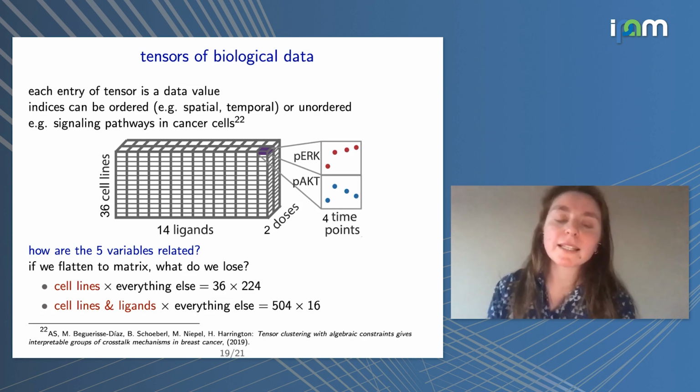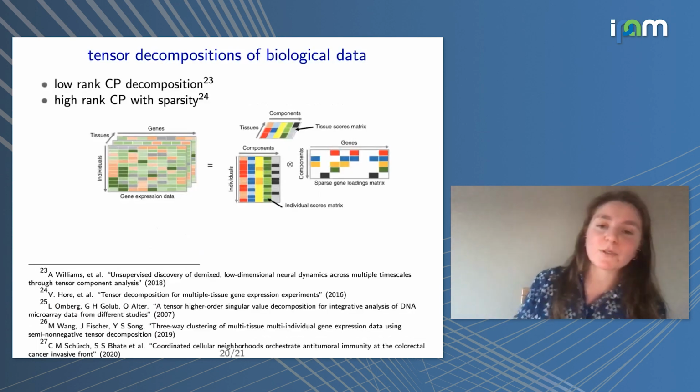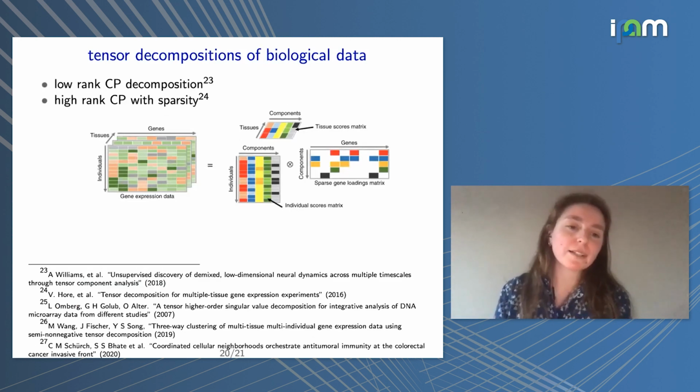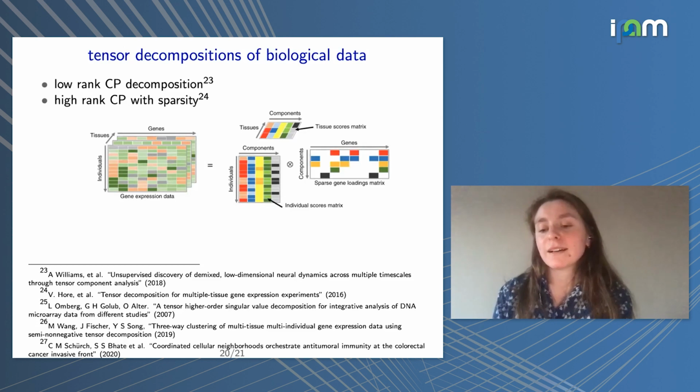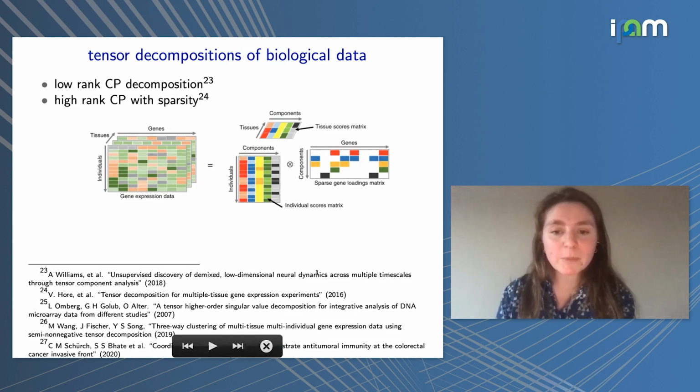And there's many settings in which tensor tools are being used in the study of biological data. So again, this isn't intended to be comprehensive in any way, but it's just to give some examples, because I think this is a nice topic. So let's see. In this paper here, they're looking at neural dynamics. So this is work of Williams et al.